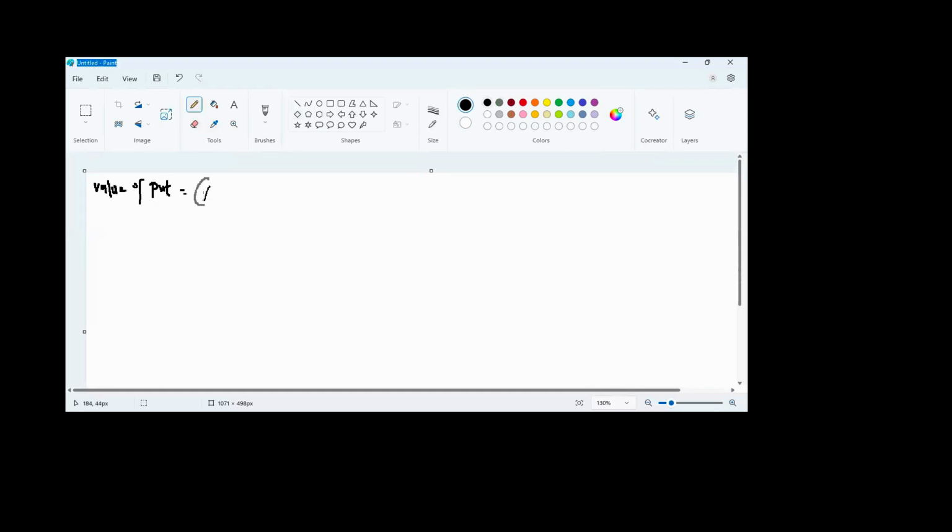Okay: capital letter E, small letter e raised to the power minus RT, multiplied by N of minus D2. Close your brackets, minus, open another bracket, XO multiplied by N of minus D1.